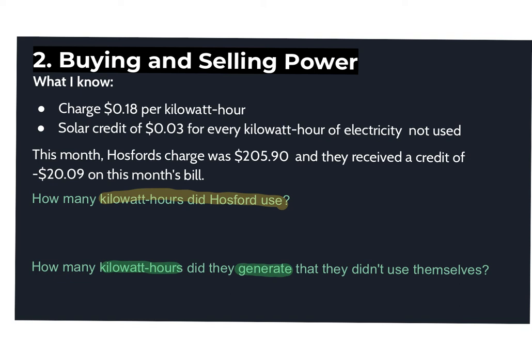We know that the kilowatt hours used is going to be related to the 18 cents per kilowatt hour, and the solar credit is going to be related to the amount they give us per hour. And in the actual problem, the kilowatt hour is going to be that initial charge, and the solar credit is going to be represented by the amount of credit we got. I want you to pause this and see how you would set this up, and then come on back and I'll do it.